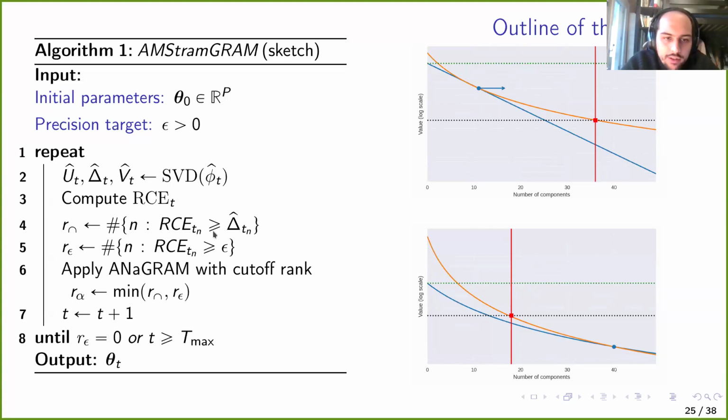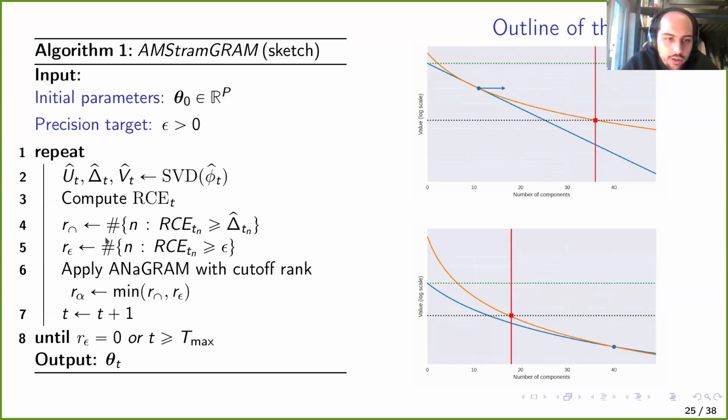One is governed by the number of components for which the RC is under the singular values, and the other by the number of components for which the RC is above the precision target we wanted.